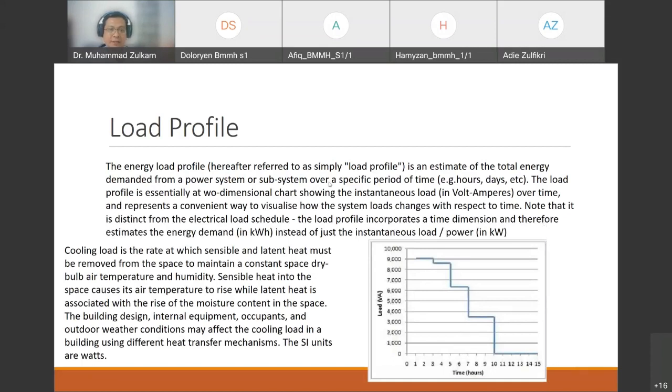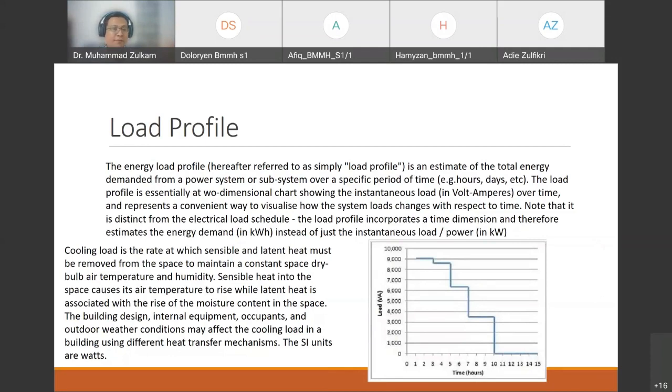Hereafter, simply, a load profile is an estimate of the total energy demanded from the power system or subsystem over a specific period of time, hour, day. So how much energy is demanded to run the operation. So you should be able to calculate the energy operation.